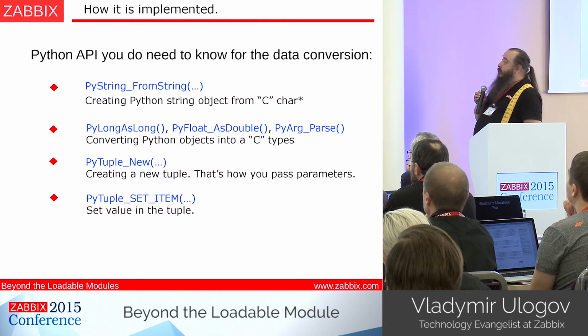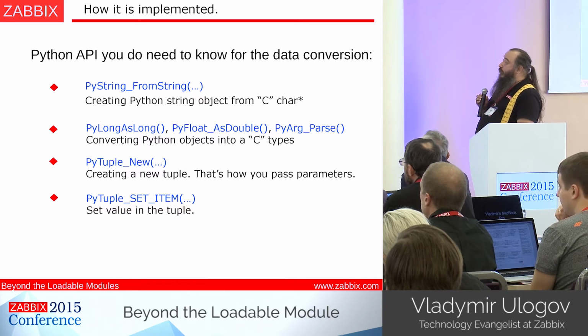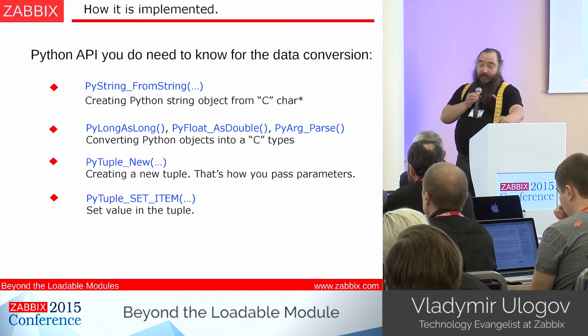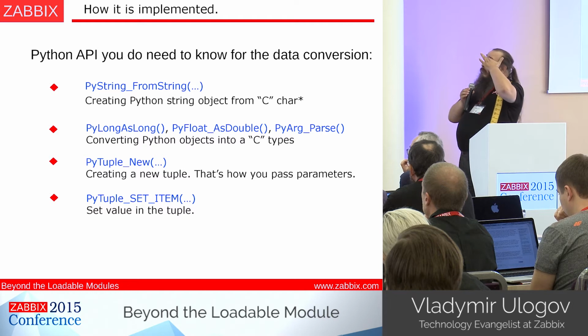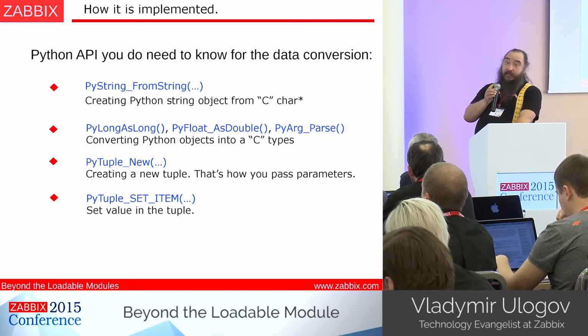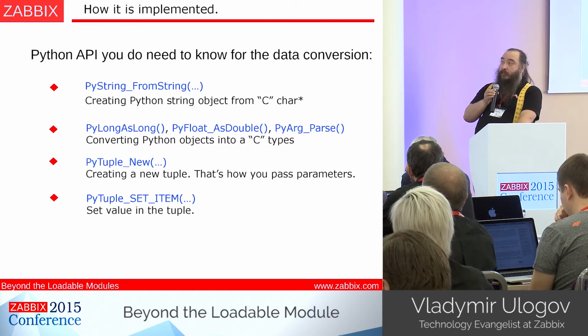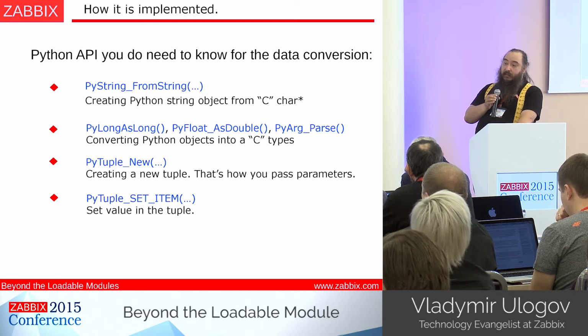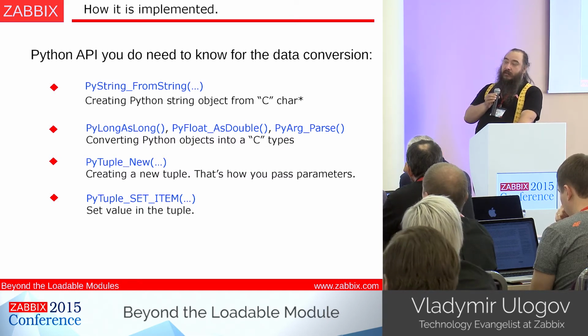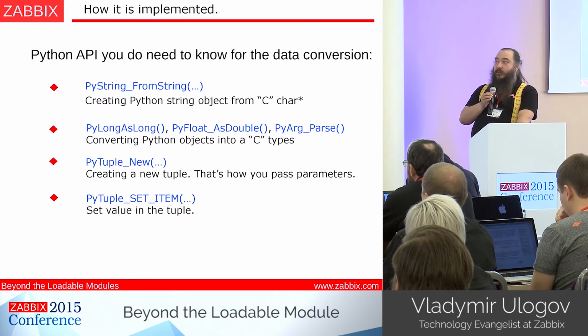First is the API which is used for conversion of data to and from Python. PyString_FromString. It needs to be added that, as I already mentioned, the Python interpreter treats data completely differently from C and from Zabbix. In Python, all the data types exist as references to PyObject. And Python is a garbage collected language.